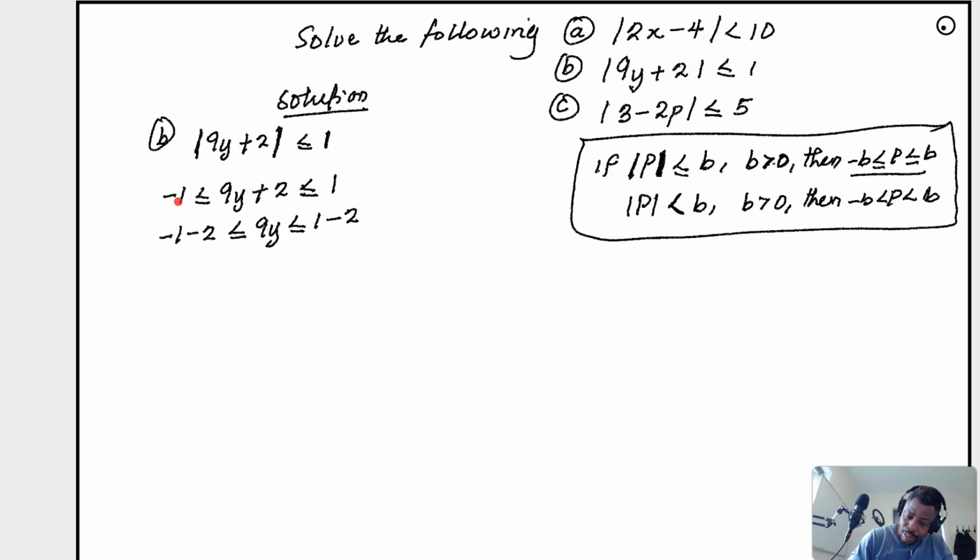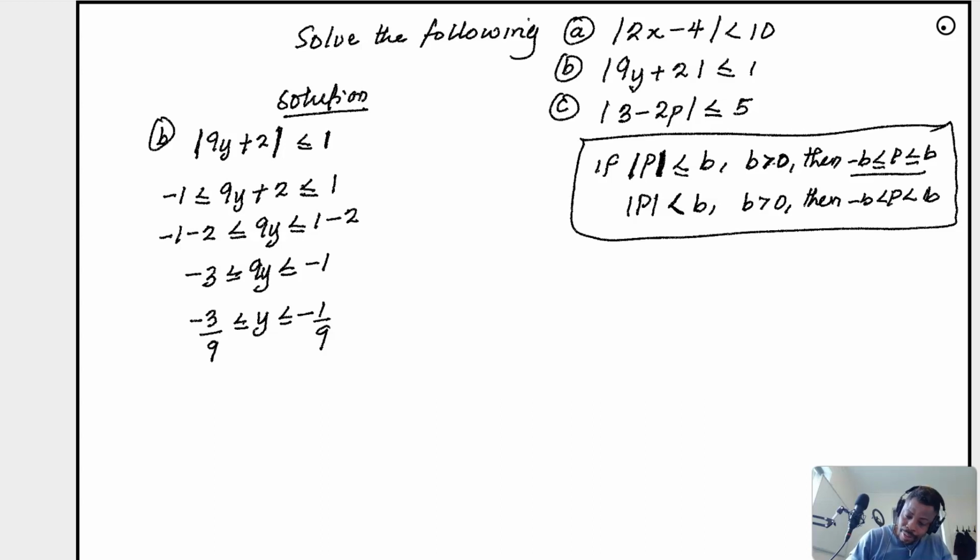So plus 2 here is minus 2, plus 2 here is minus 2. Minus 1 minus 2, that is minus 3, less or equals to 9y, less or equals to 1 minus 2, that is minus 1. I'm looking for y, so I divide through by 9. So minus 3 over 9 less or equals to y less or equals to 1 over 9.